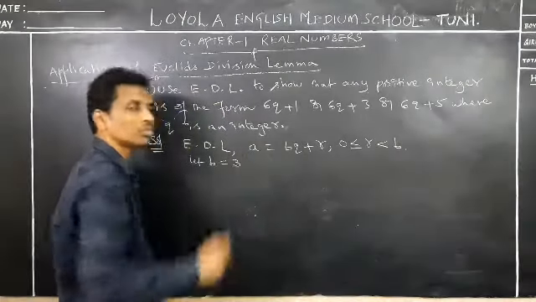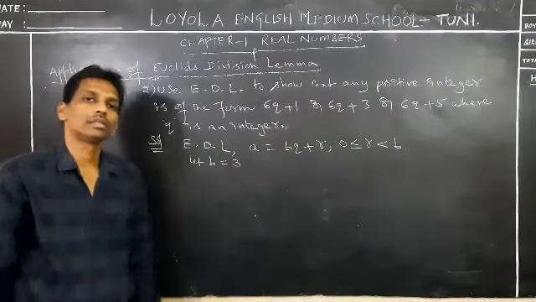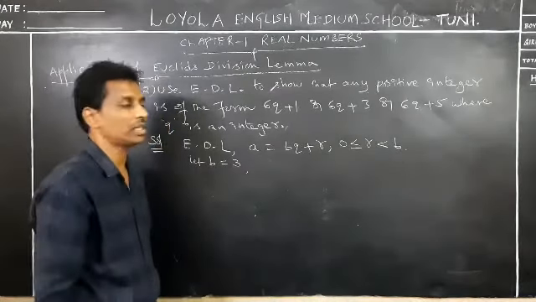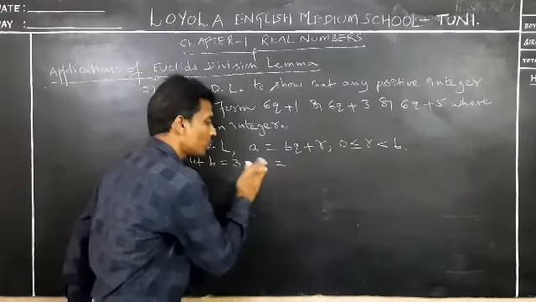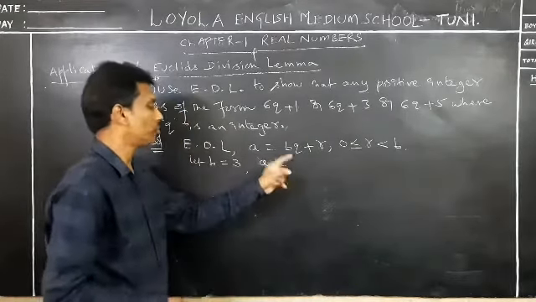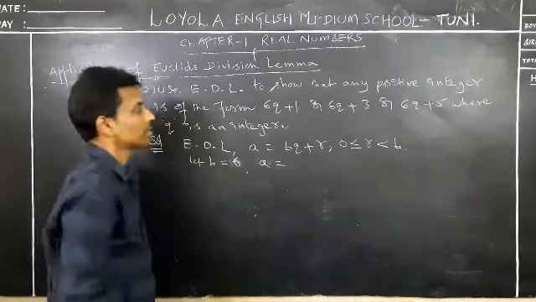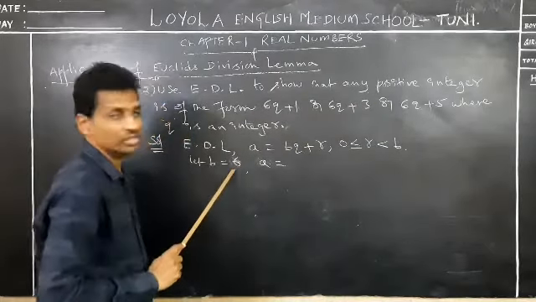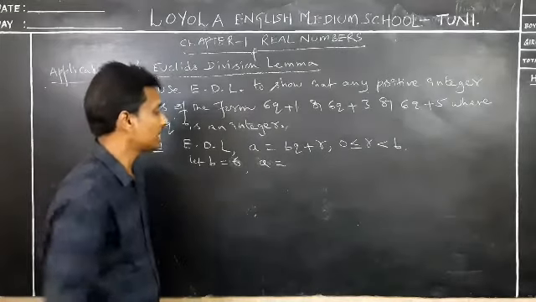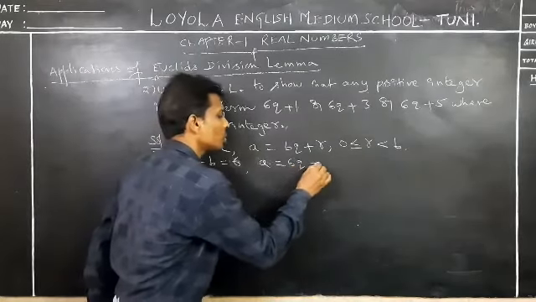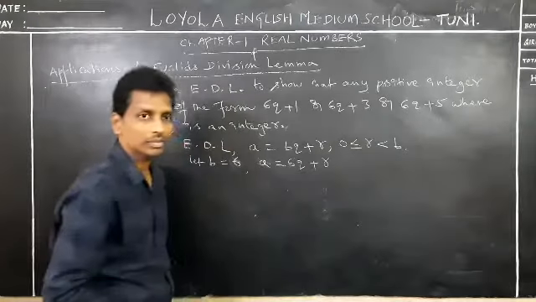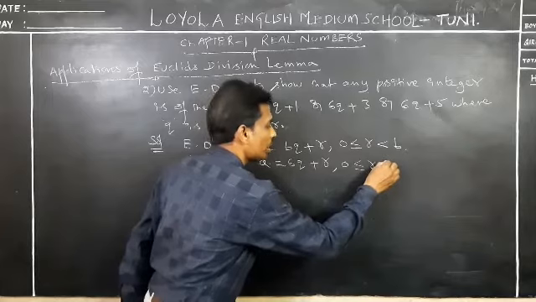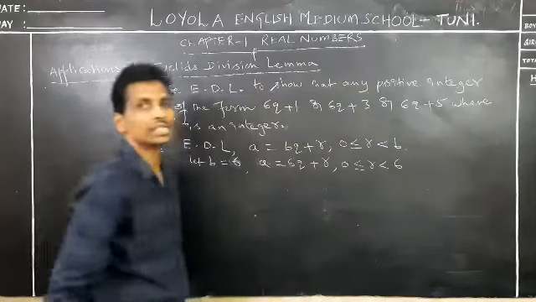Now continue the second step by applying Euclid's division lemma condition. A equals, instead of b, in all conditions we came to know the value of b is 6. So we can write 6q plus r, where 0 is less than or equal to r is less than 6.